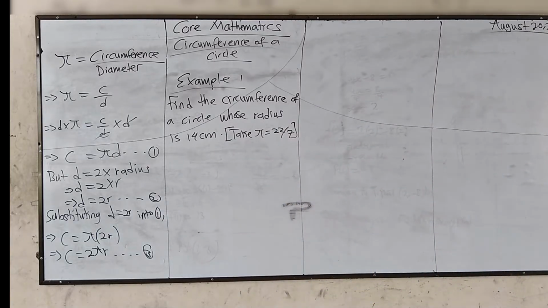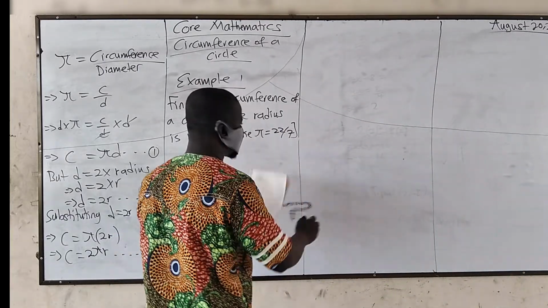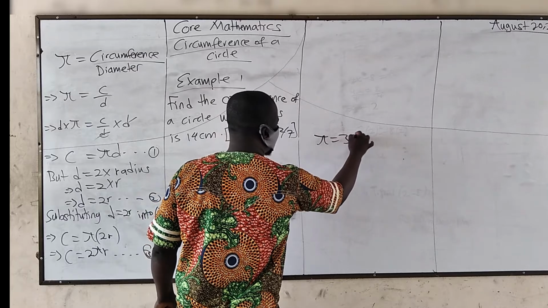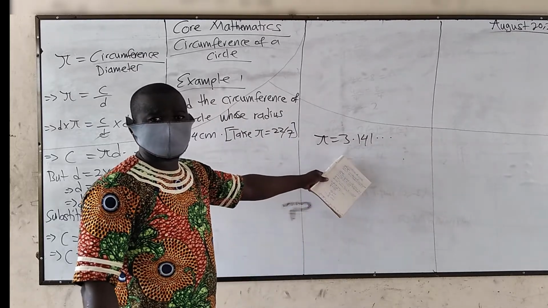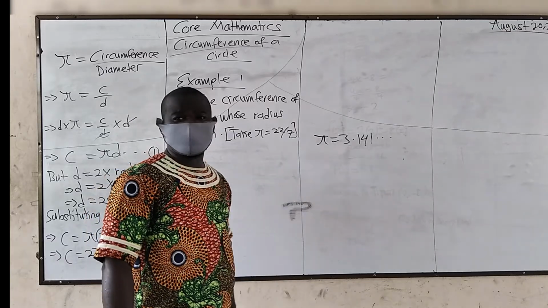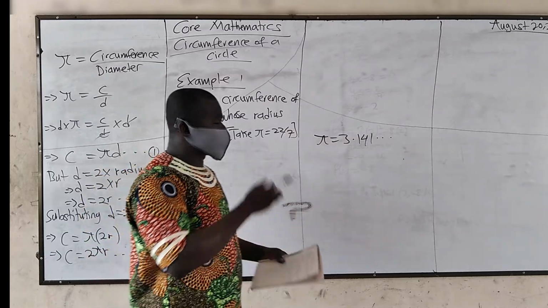Remember, pi is an irrational number because it is non-terminating and non-repeating. Are you aware? Pi is 3.141 going on, and nothing repeats. So we say pi is an irrational number. Normally in calculations, we use an approximation.